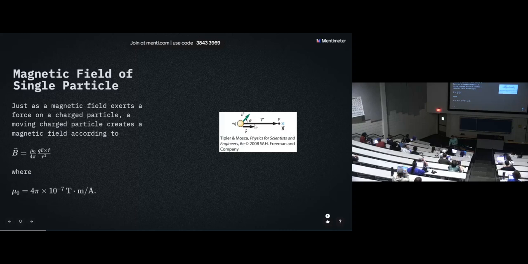Actually, if you look at any point that is on the plane of the screen here and to the right of this green velocity, then you would get that B is into the screen there. But if you were to look to the left of the vector V, B would be pointed out of the screen in that case.